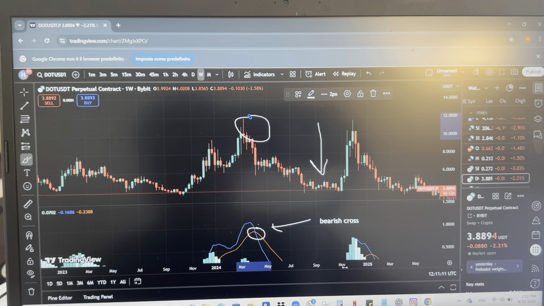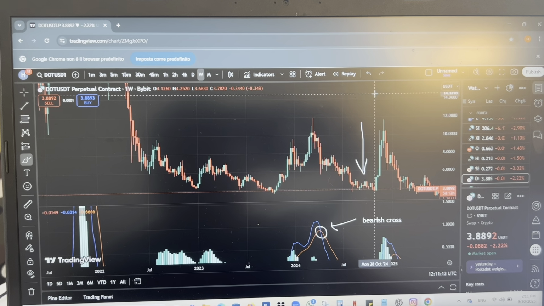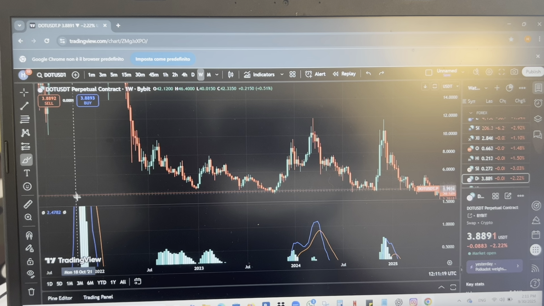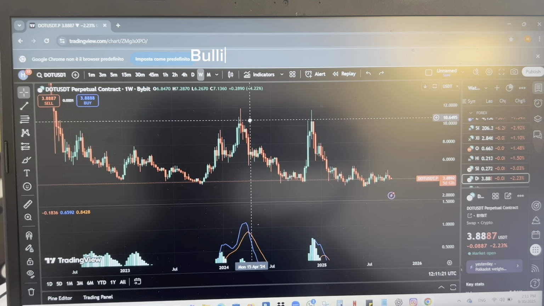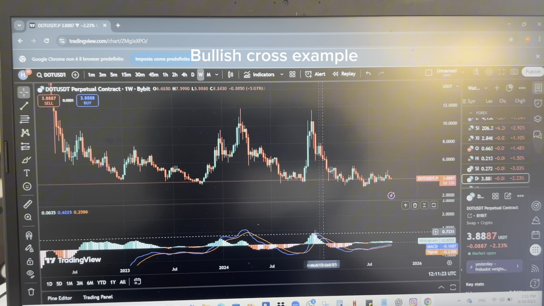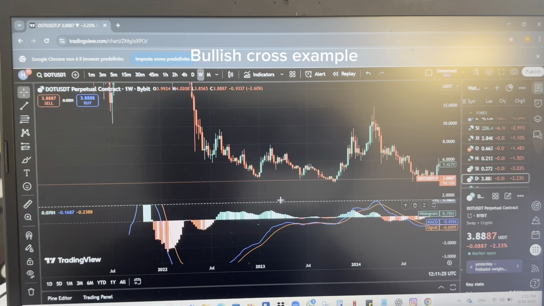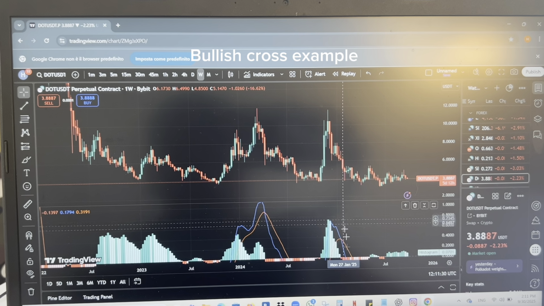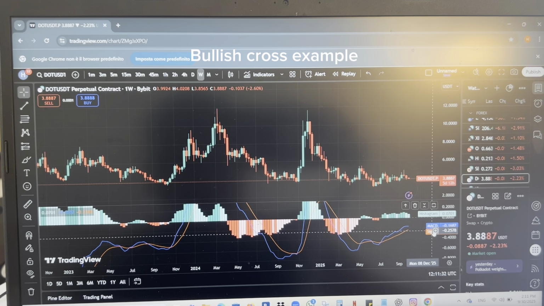And then let me give you guys a good idea of what the bullish cross is. I'll give you the example in the same coin.